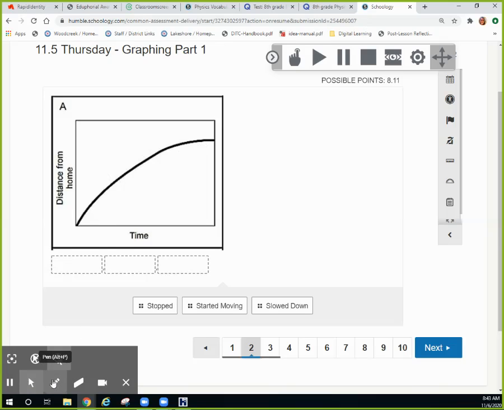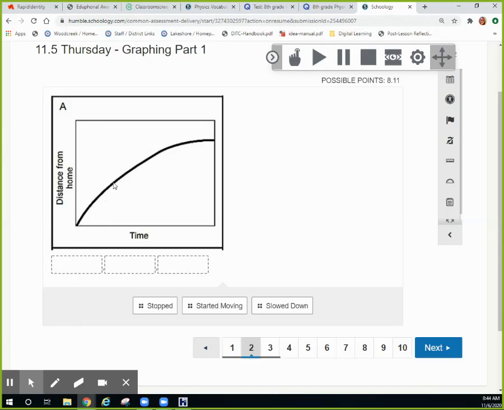His speed here, which is distance divided by time, y over x, is going to be different than here because the time and the distance are so different. It's not constant, okay? Where if we look at another graph where it's linear, it's going to be the same rise over run every time, okay?